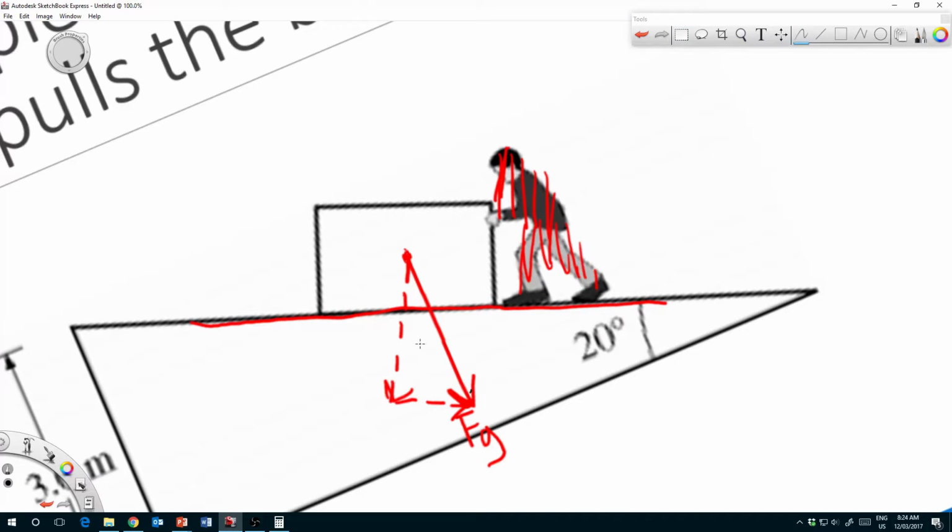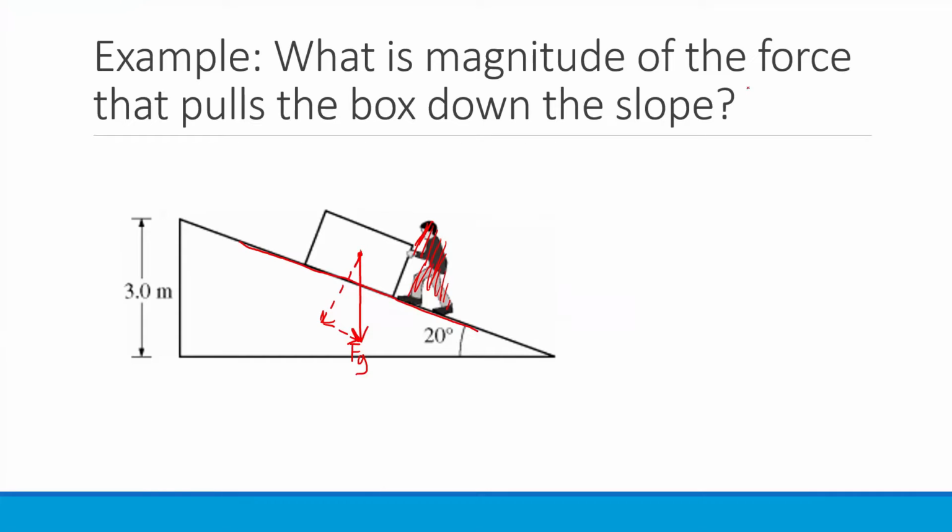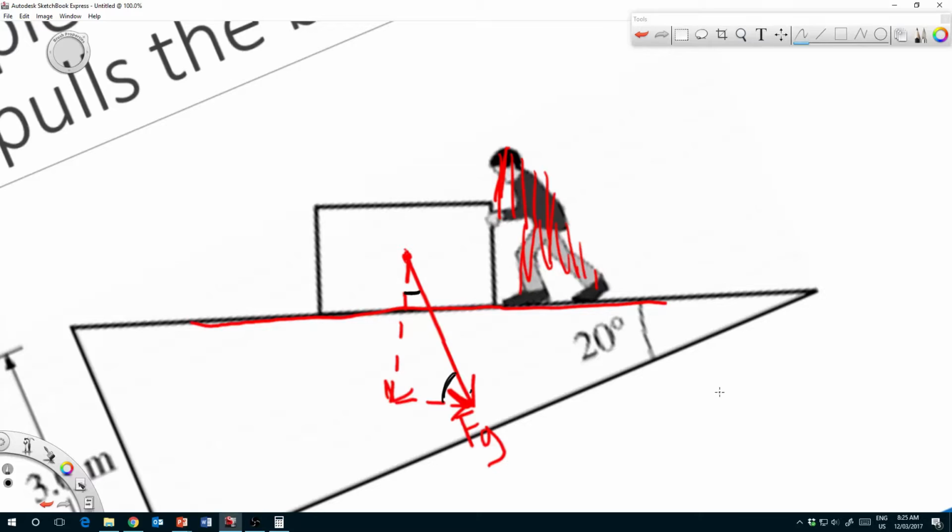Now the interesting thing is, how do I figure out what either this angle is or what this angle is? Okay. Well, let's figure that out. Let me erase all this first, and let's start from a fresh picture.